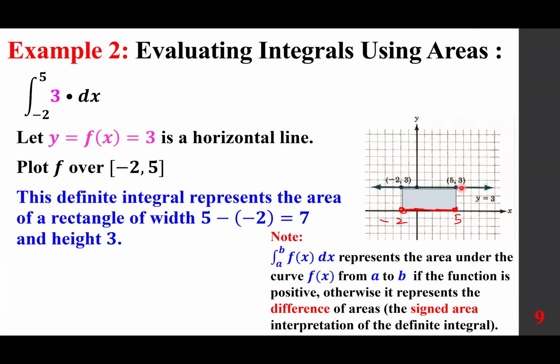And the height is 3. Because it's a shape we are familiar with, the geometry says multiply the two and you get 21. Thus, the integral from -2 to 5 of 3 dx, which is (5 minus -2) times 3, equals 21.